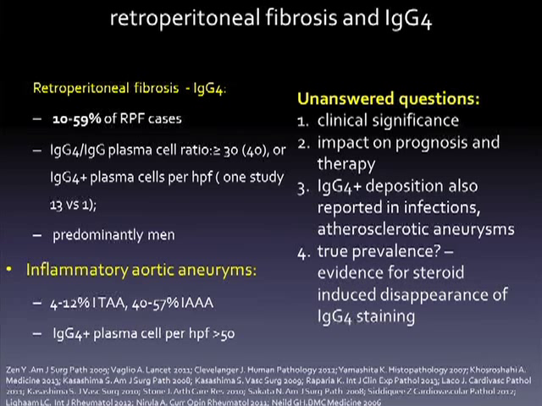The other thing about IgG4 is that it is not necessarily a pathogenic antibody. The presence of IgG4-positive plasma cells in tissue may actually show an attempt of the body to contain the inflammation.